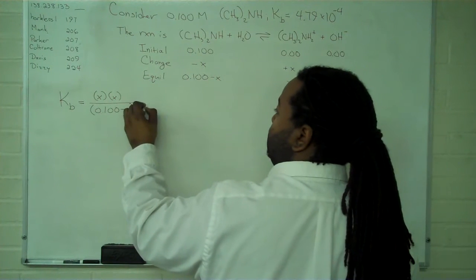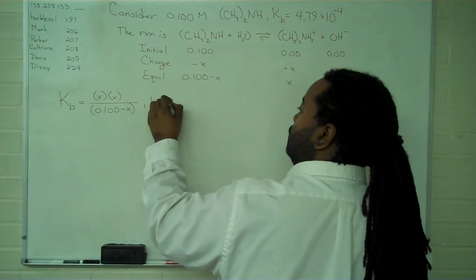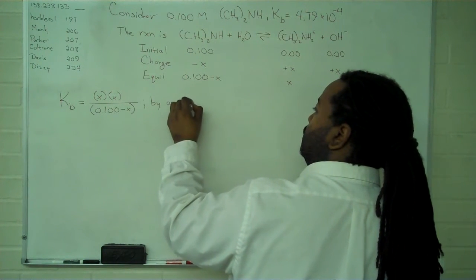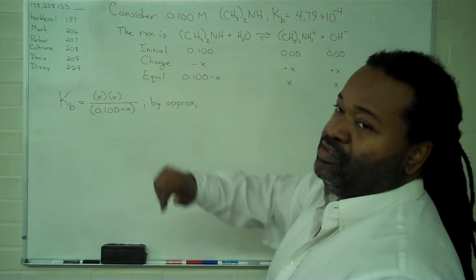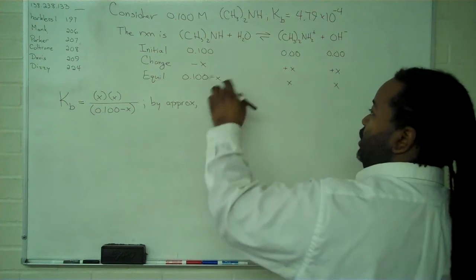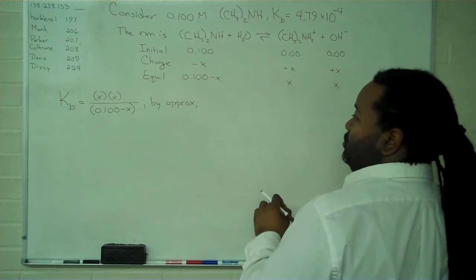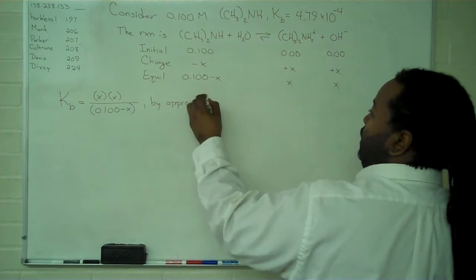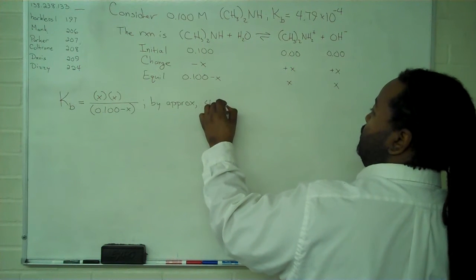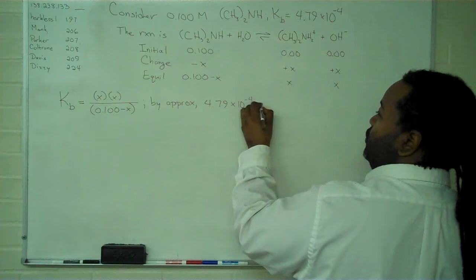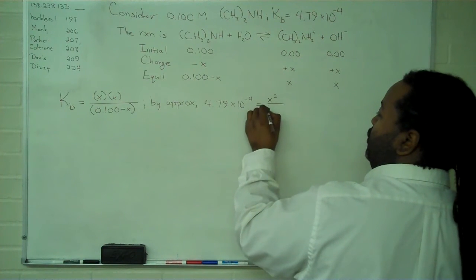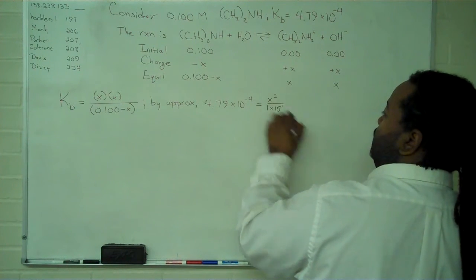Now, by the approximation method, we're able to neglect the effect of the change in our overall concentration of dimethylamine. And this gives us 4.79 times 10 to the negative 4 will be equal to x squared over 1 times 10 to the minus 1.